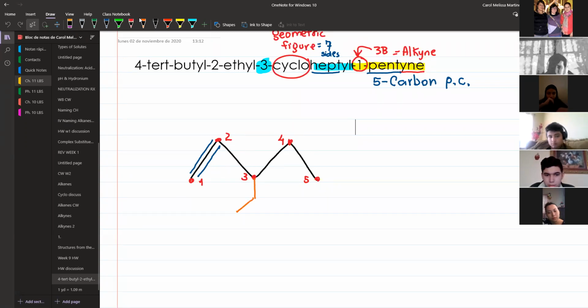One side, two sides, 3, 4, 5, 6, 7. Now this is the cycloheptyl, and it ends in YL because it is considered to be an alkyl, because it is a branch to the parent chain. That's why.